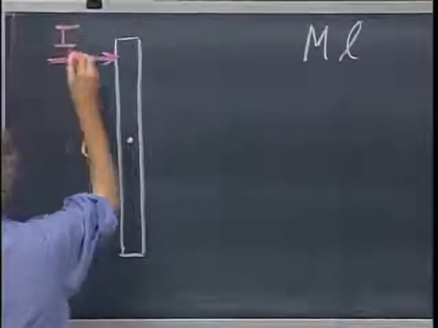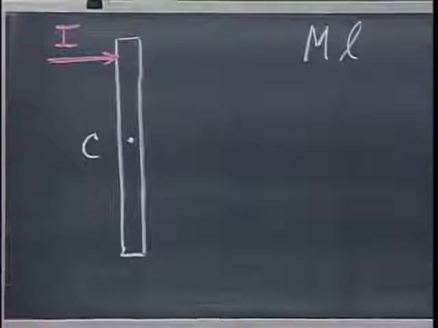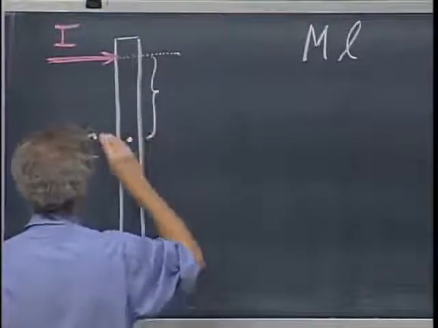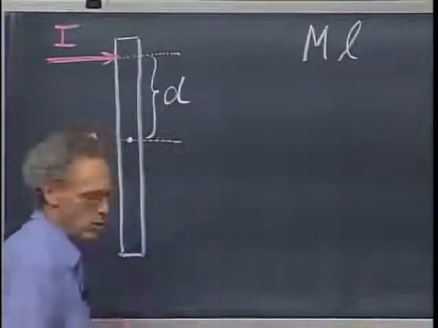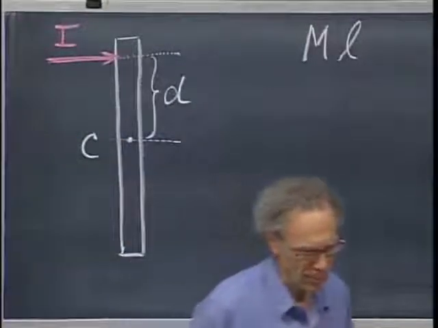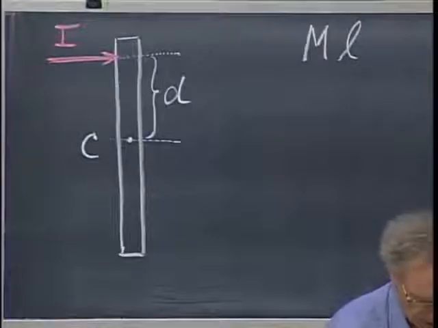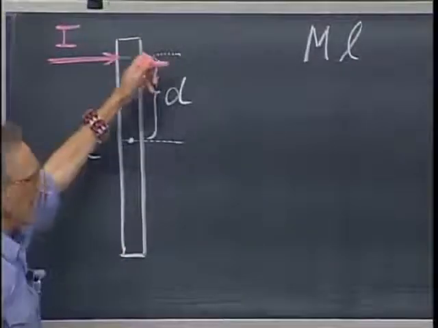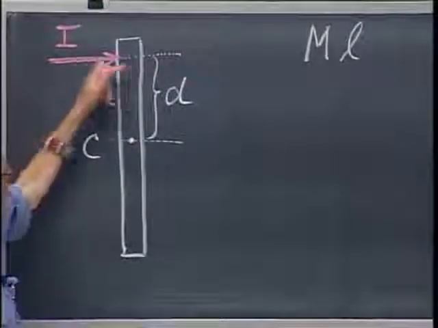Here I give it an impulse. A force acts upon it for a certain amount of time. And let this distance be, I think I call it d in your problem. And it's on a frictionless table. I do this, bang, very short hit.